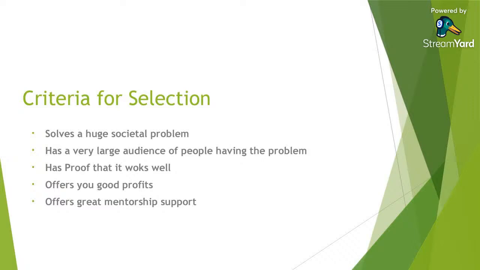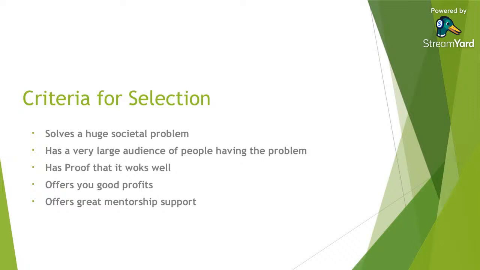The next point I want us to look at is that it has proof that it works. You don't pick a random product and say, okay, Mr. Lagbaja said this thing works, and because of that, I want to start selling it. Oga, have you actually checked it? How many people have used that product and can testify that it works?